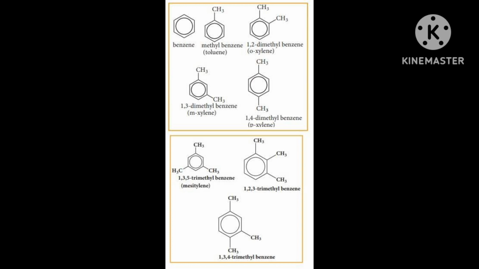That is called orthoethyl anisole. Ortho position, ethyl group is there. Okay. Now second is 2,3-dibromo-1-phenylpentane. Question is this. Means IUPAC name is given.